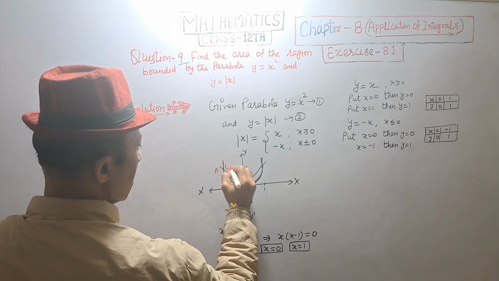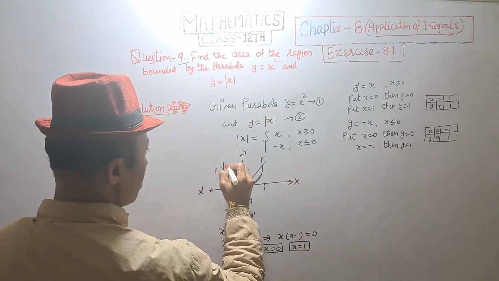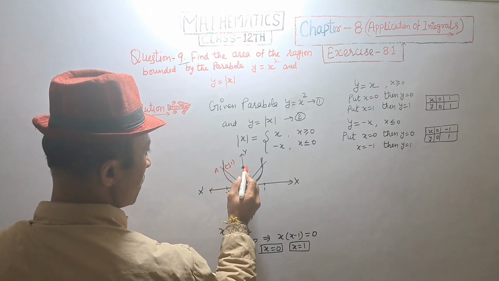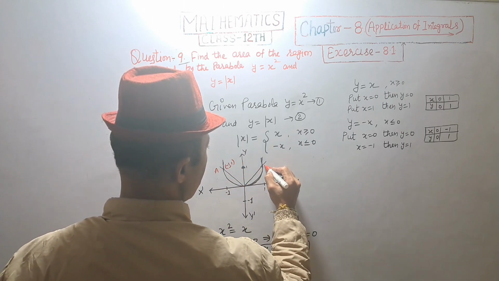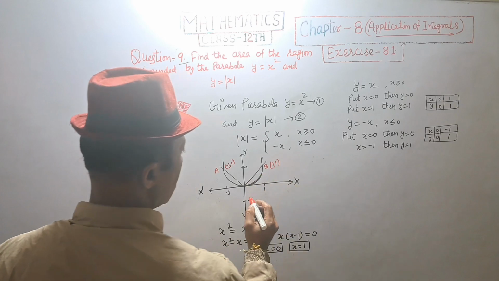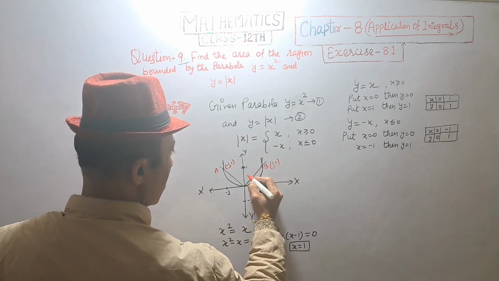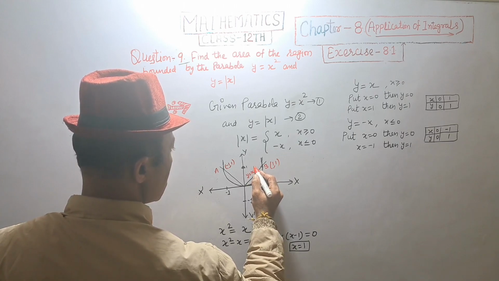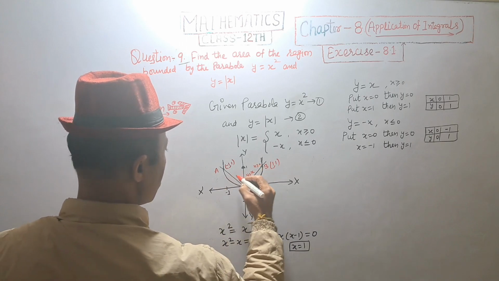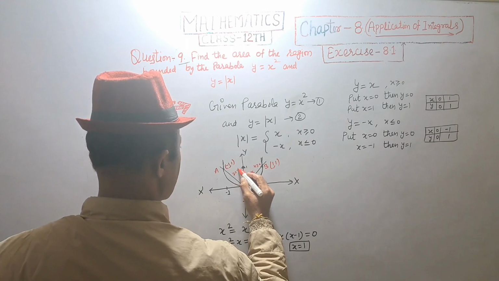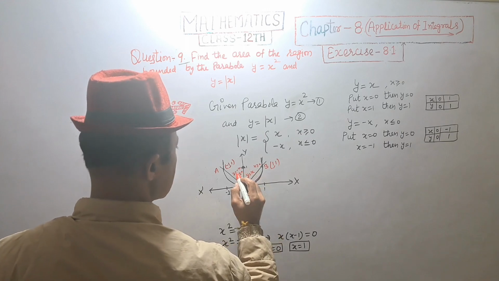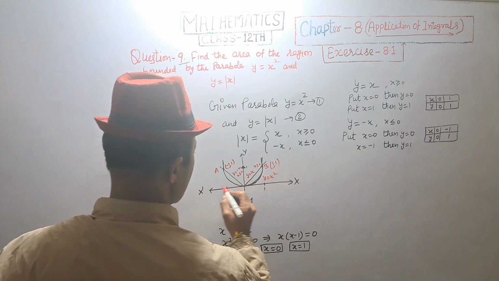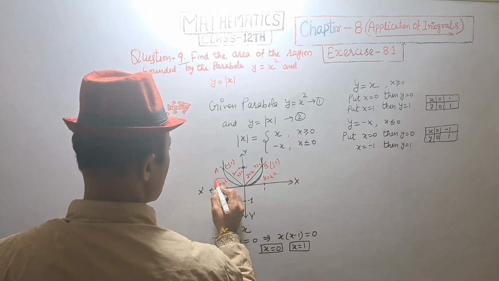Point A is minus 1, 1 and point B is 1, 1. y is equal to x when x is greater than or equal to 0. y is equal to minus x when x is less than or equal to 0. And y is equal to x square.